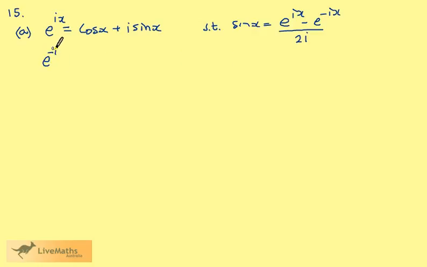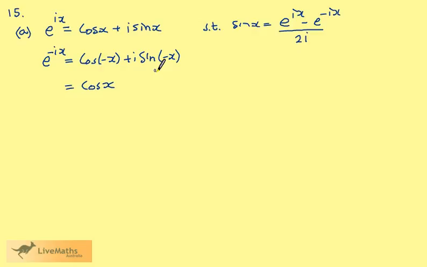e to the negative ix would be cos negative x plus i sin negative x. Now we know that the cosine is an even function, so the cosine of negative x is always equal to cos x.